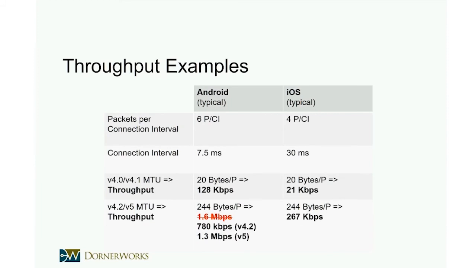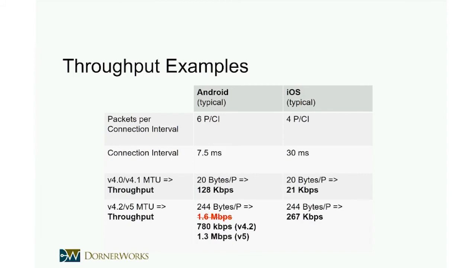Version 4.2 and version 5 increased the MTU size maximum, called data length extension. So you could send 244 bytes per packet. I have 1.6 megabits per second in red there. And what I mean by that is that if you plug those numbers into the previous equation, you would get 1.7 or 1.6 megabits per second.